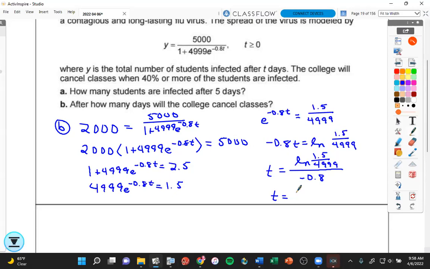Natural log of 1.5 over 4,999 divided by negative 0.8. About 10. Okay. So after about 10 days, we're going to cancel classes.